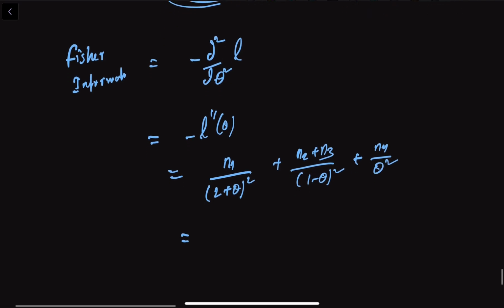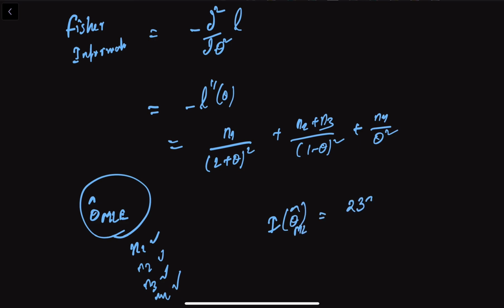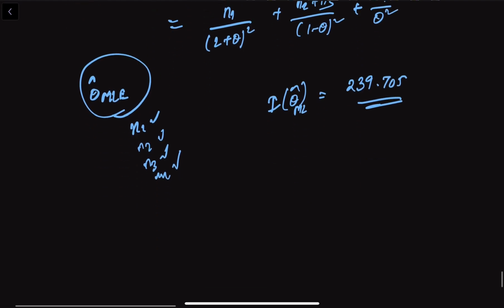If we substitute the values, with theta hat as the MLE and the known n1, n2, n3, n4 values, the Fisher information for the estimated theta comes to 231.705.